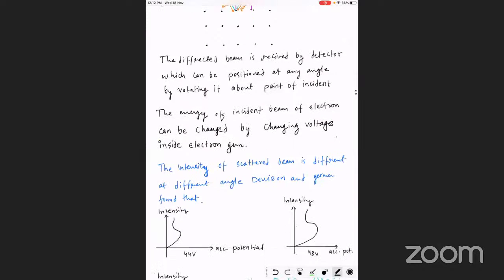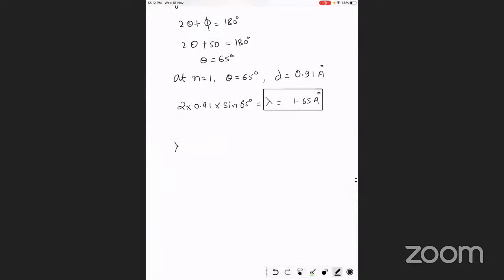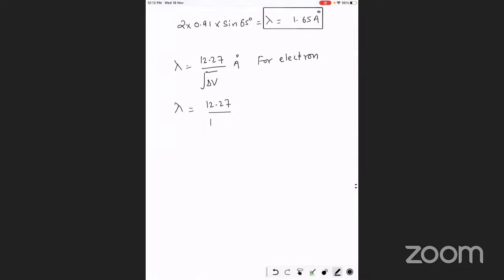Whereas de Broglie had already said it earlier. De Broglie already said that lambda is equal to 12.27 divided by the square root of V for an electron. Do you remember this? So if we put the accelerating potential we used here, 54 volts, we will get almost the same wavelength.